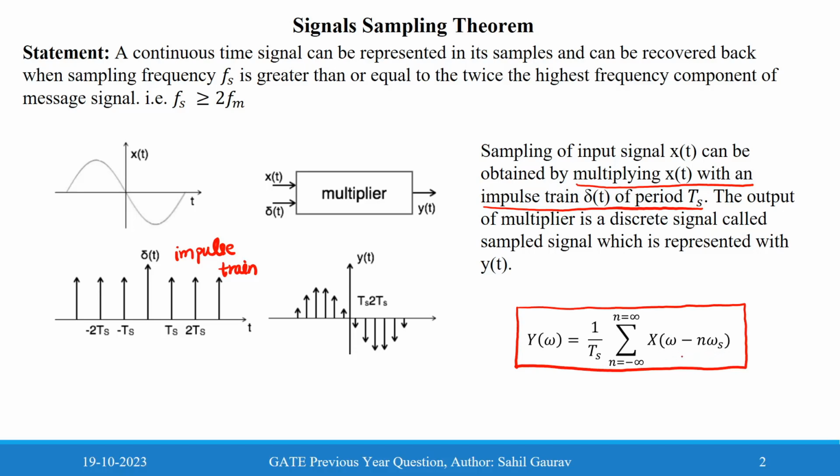Here it is written as omega minus n omega s, and you can better represent it as f plus minus nfs, because n varies from minus infinity to plus infinity.